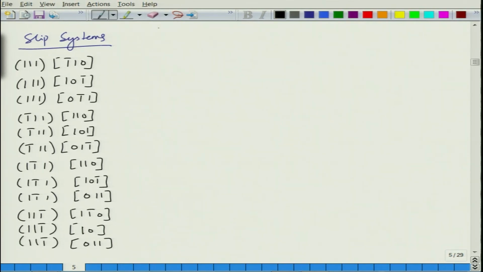Let us say what is cos phi 1. So, for crystal 1, the tensile axis is [111]. Okay. So, let us work out cos phi 1 and cos phi 2.